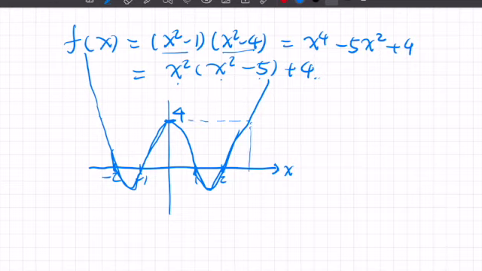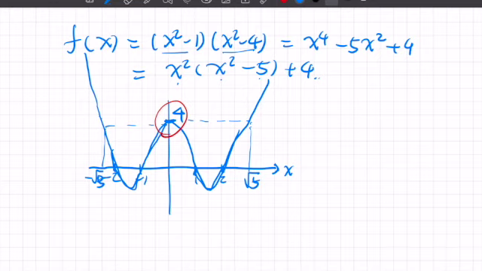So this should be square root of 5, and that's negative square root of 5. So if you look at this graph, you see that here's a local maximum.